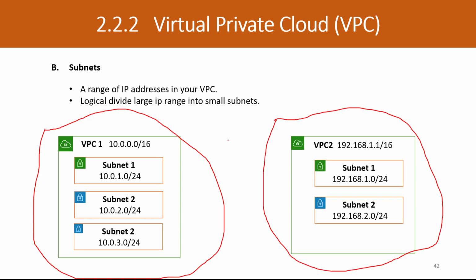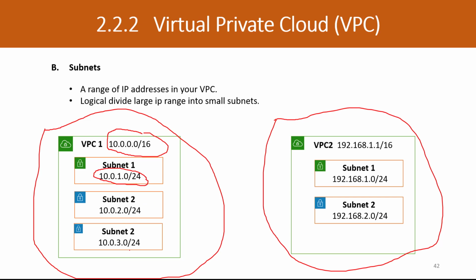Now in VPC1 we have as many subnets as we want, but they should come under this IP range. So we have three subnets, maybe one public subnet, two private subnets. It's up to you, but these IP ranges should be within this. There is no conflict or override.